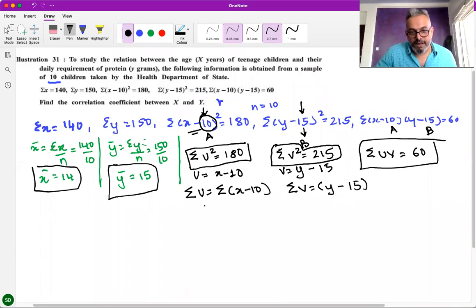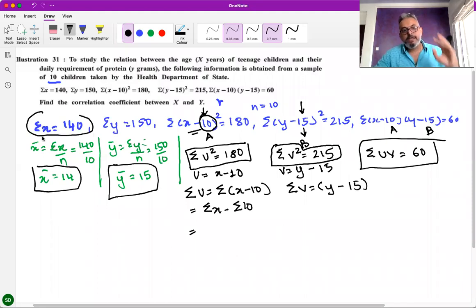Now we open the bracket, so which is sigma x minus sigma 10, which is equal to, what is sigma x? Already it is given over here, sigma x is 140. If not given, we would have taken x bar is sigma x upon n.